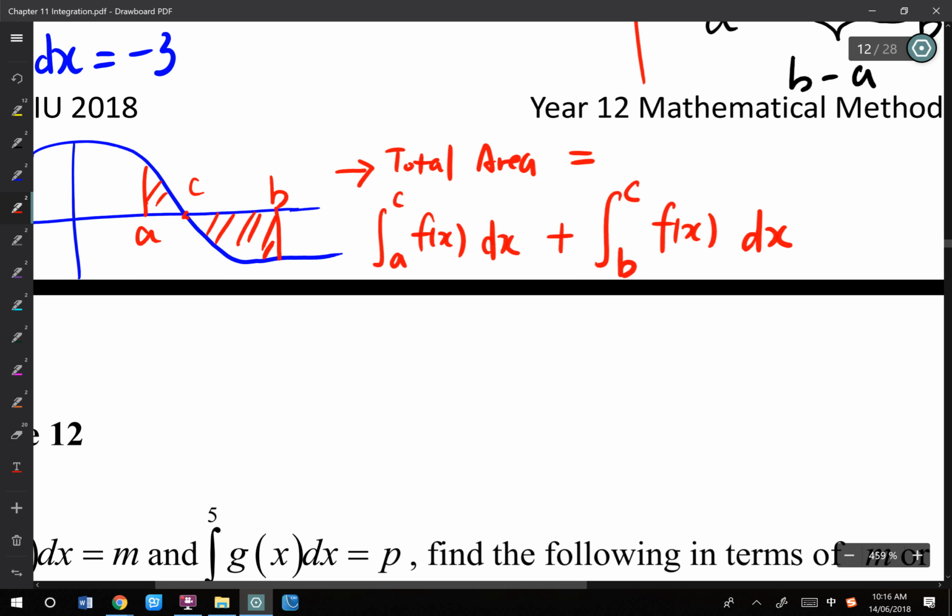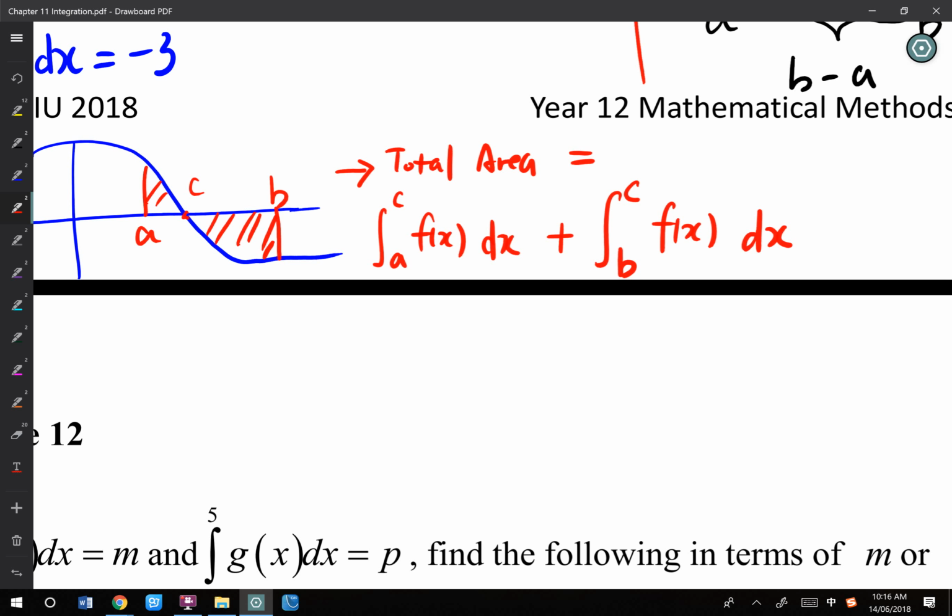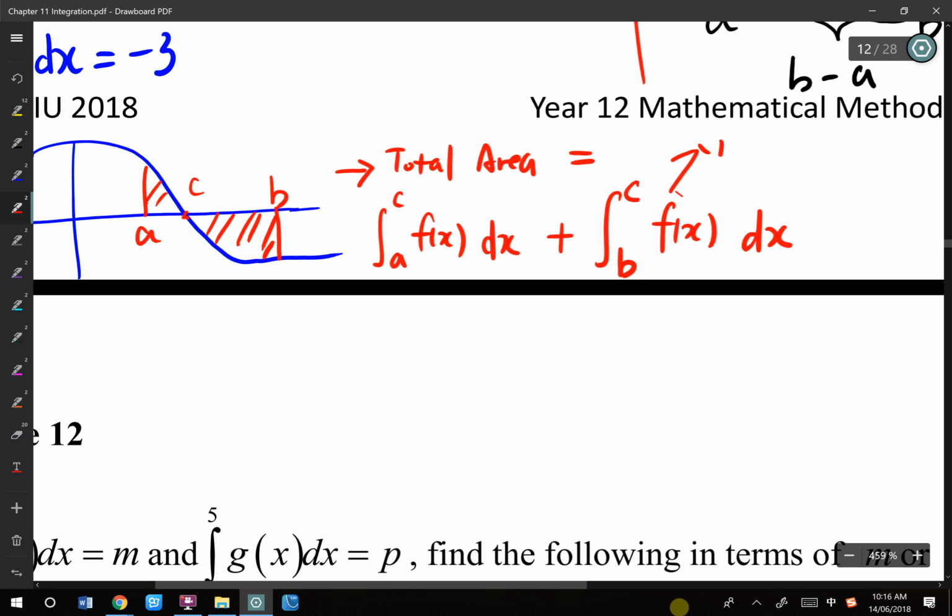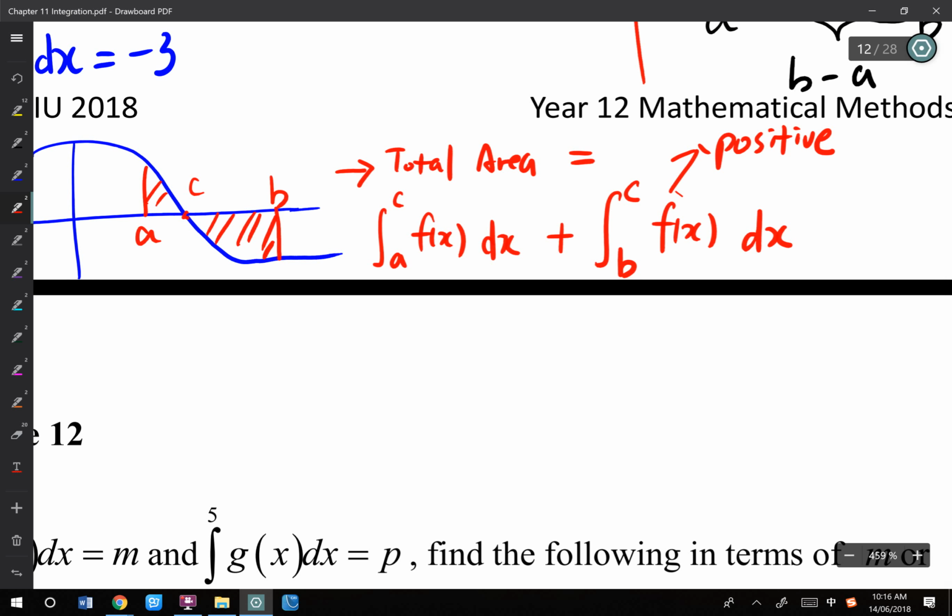Why? Because c to b is negative, then b to c must be positive. It's the negative of the original. If c to b is negative, then negative c to b must be b to c, and that will be positive. So that's another thing we can do. Instead of subtracting a negative area, we can just change the upper and lower limits to make it positive. Okay, it's the same example as before.